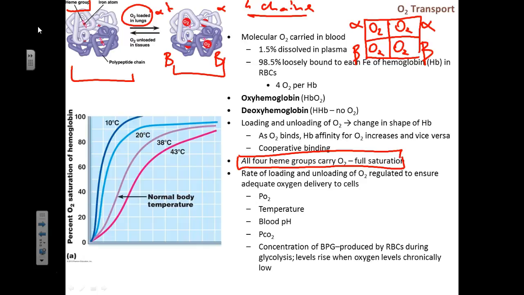That's why we can have a number like 98%. A molecule of hemoglobin that carries oxygen is called oxyhemoglobin. A molecule of hemoglobin that doesn't have oxygen on it is called deoxyhemoglobin. Does that make sense?